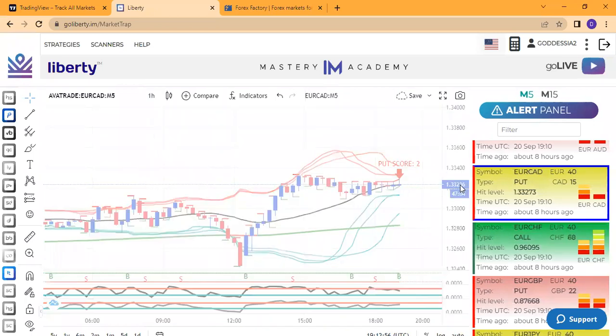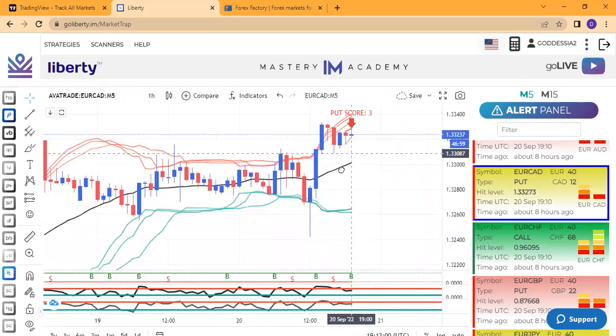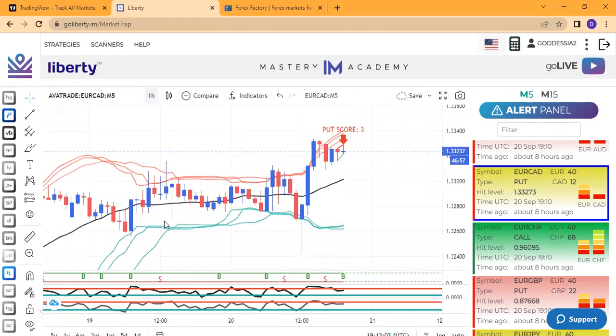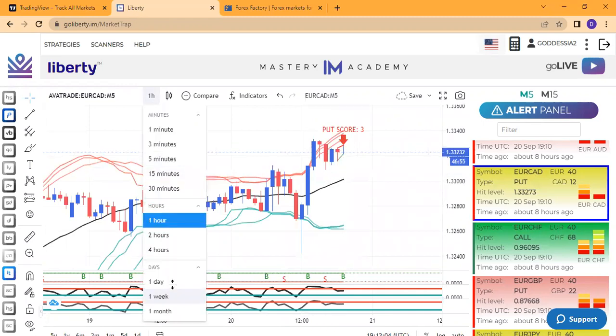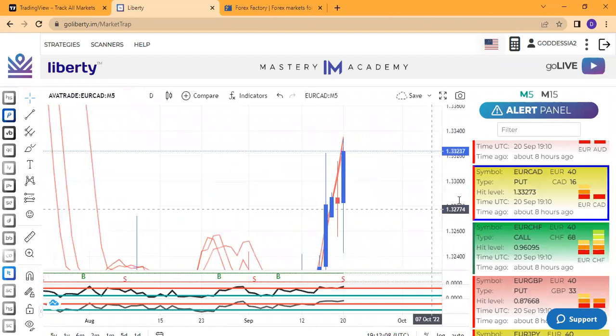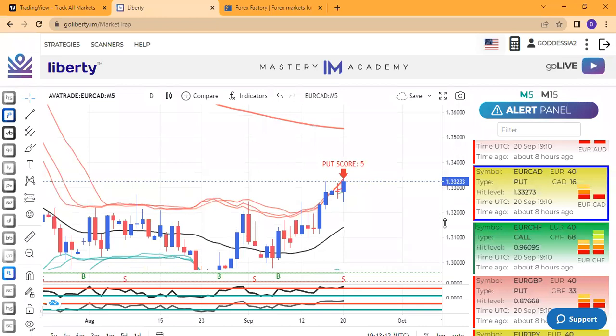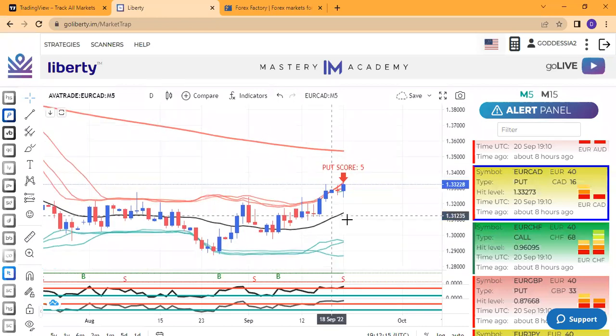On the hourly, yes. Now, we also check on the daily. Okay. The super trend, the black EMA is beneath the super trend. Okay.